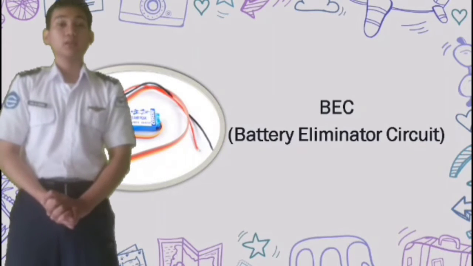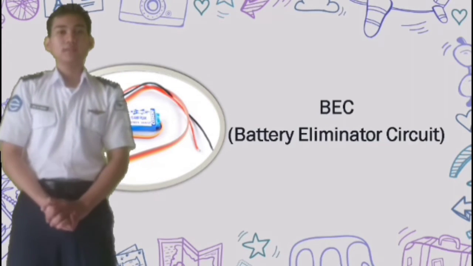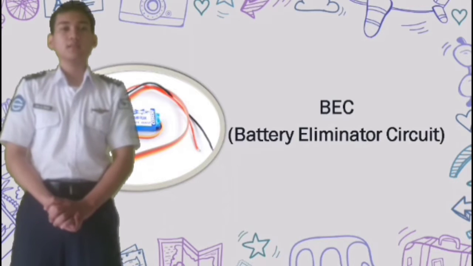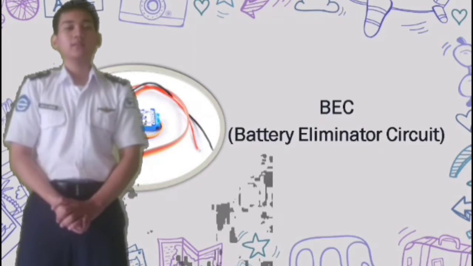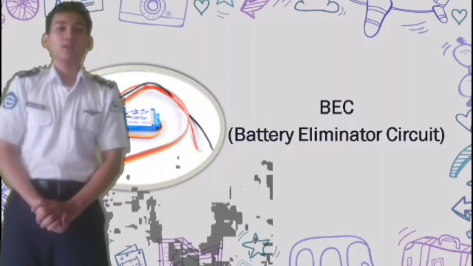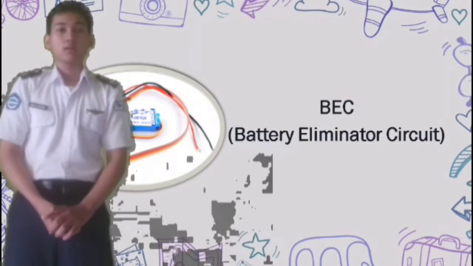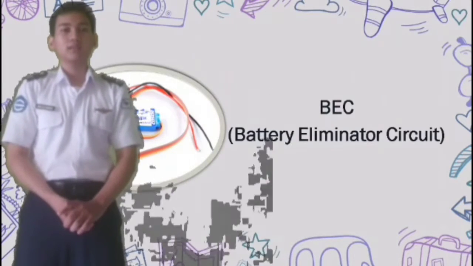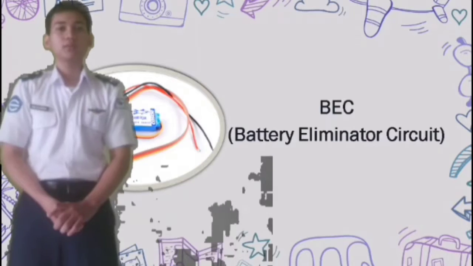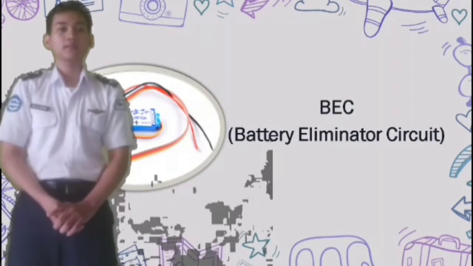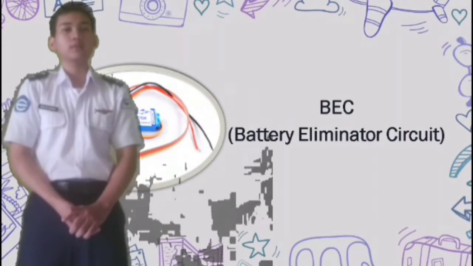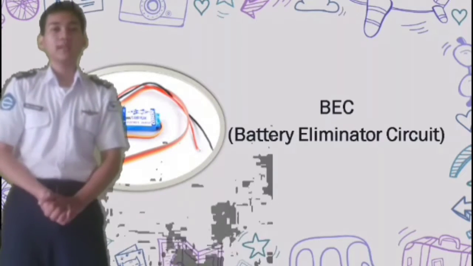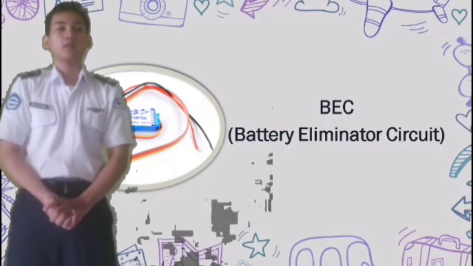The battery eliminator circuit is a feature built into the ESC that allows the ESC to provide electrical power to both the motor and receiver with the same battery. When the voltage is too low, the BEC circuit cuts off power to the motor but still provides power to the receiver, which allows the receiver to operate properly so that the pilot can land the plane safely.